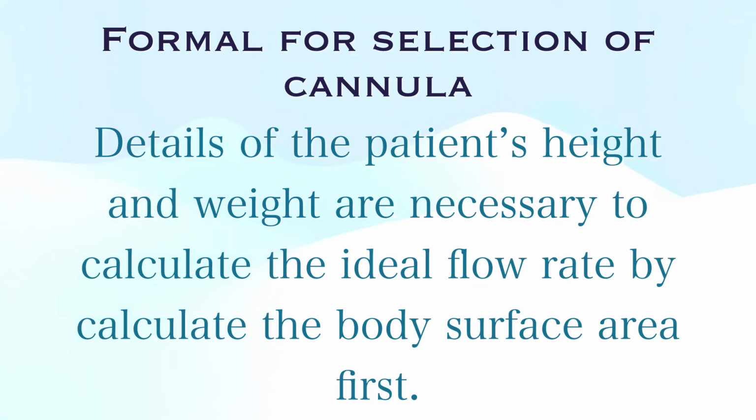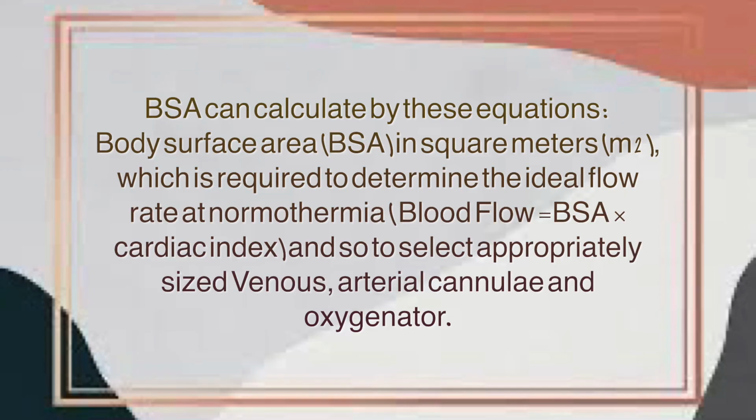Formula for selection of cannula. Details of the patient's height and weight are necessary to calculate the ideal flow rate, by calculating the body surface area first. BSA can be calculated by this equation, body surface area in square meters, which is required to determine the ideal flow rate at normothermia.